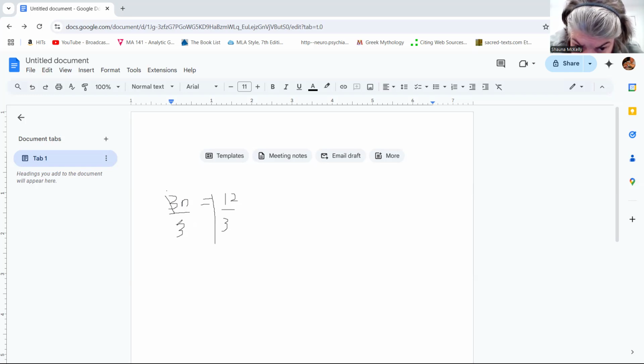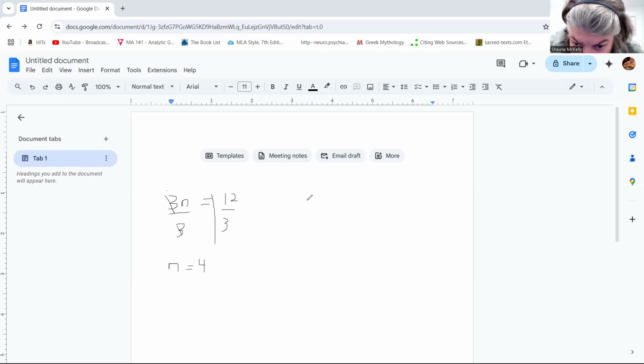Here, the 3's cancel because there's the same number on top as below. I get 1, so this is n is equal to, and then you do the division. 12 divided by 3 is 4. Like that. 3 times 4 is 12.